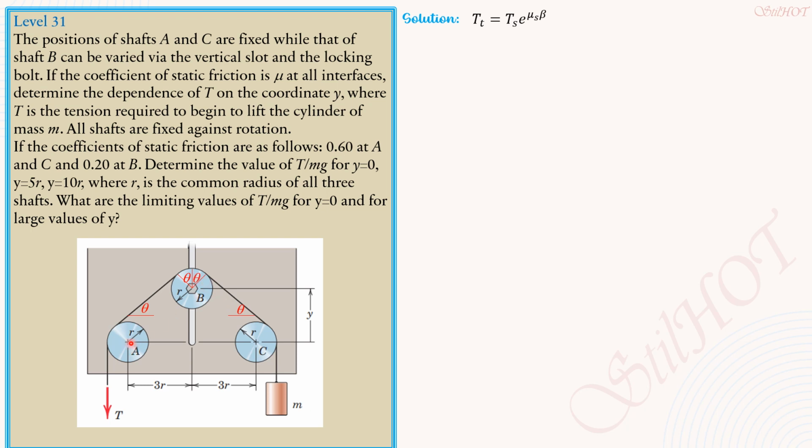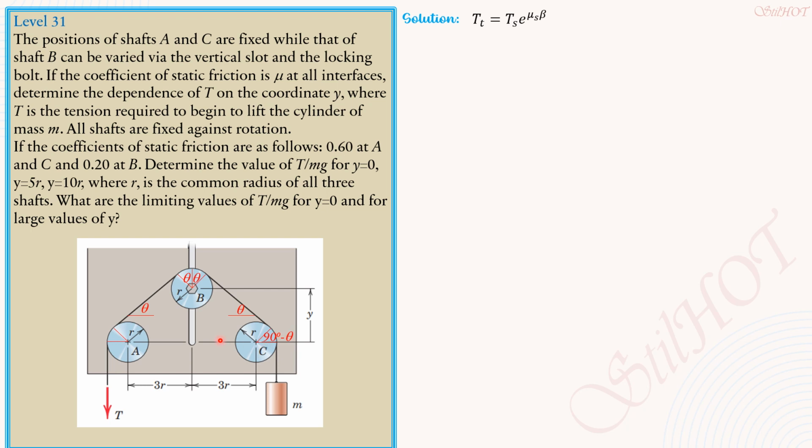While the angle that the horizontal line and the radial line to the point of contact make with each other is 90 degrees minus theta, because the angle between the radial line and the vertical is theta.